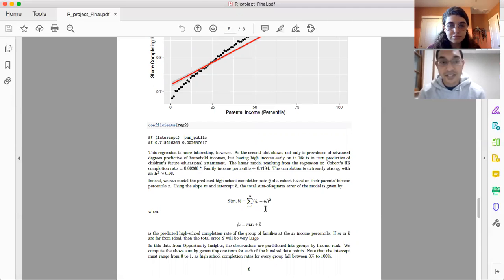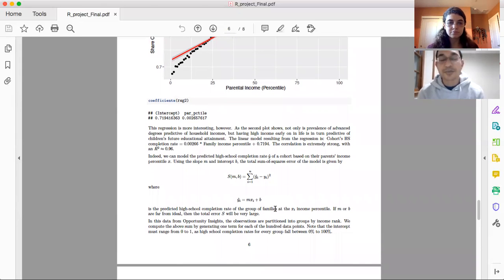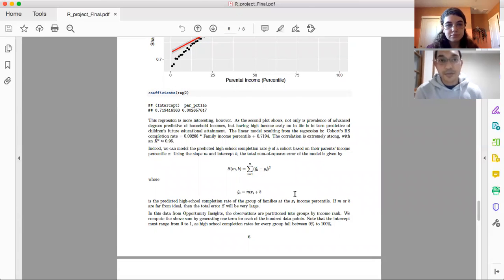S, the sum of error as a function of m and b, where m is the slope in the linear model and b is the intercept, equals the sum of y hat, which is the predicted educational attainment of a cohort, minus y, that cohort's actual observed educational attainment. Then we take the difference squared, and then we add up the sum over all 100 data points.